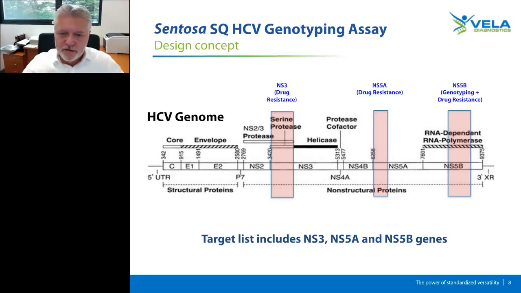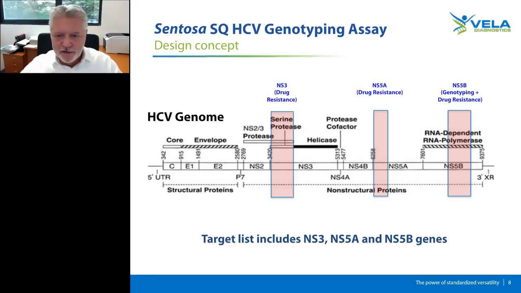In addition to this, we're doing resistance testing, or testing for resistance-associated variants more precisely, in the NS5A and NS3 regions. So what you get in one run is information on the genotype and also on the resistance-associated variants.